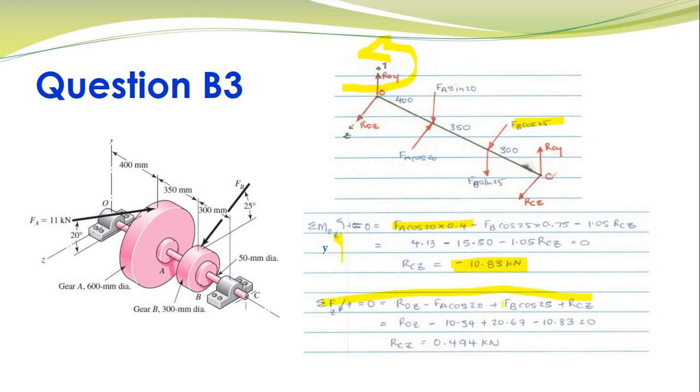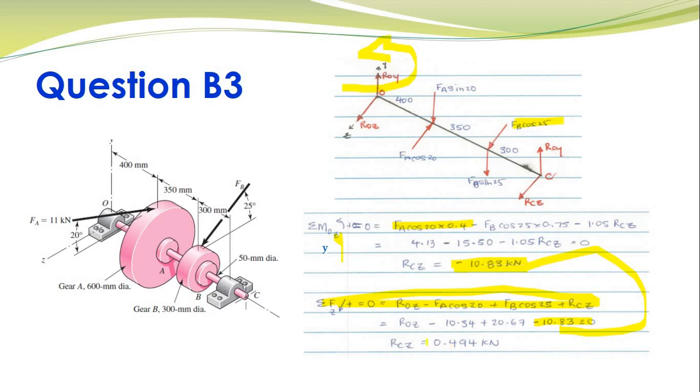All of these equations are written with respect to the free body diagram you had in the beginning, so don't change this to a minus Rcz, just leave it as it is. So ROZ we don't know, minus Fi cos 20 is negative 10.34, plus Fb cos 25 we got plus 20.67, and we had a plus Rcz, but we know that Rcz was negative, so it substitutes as a negative value.